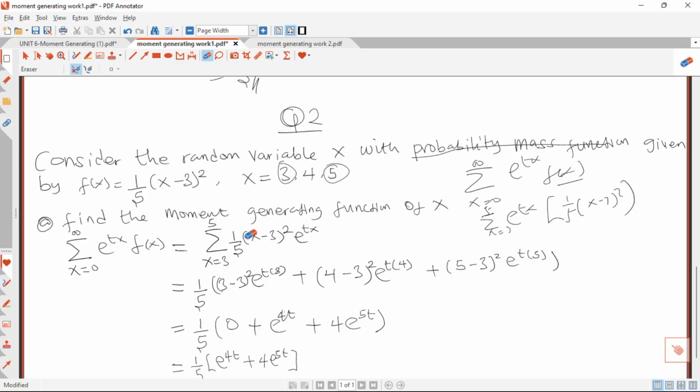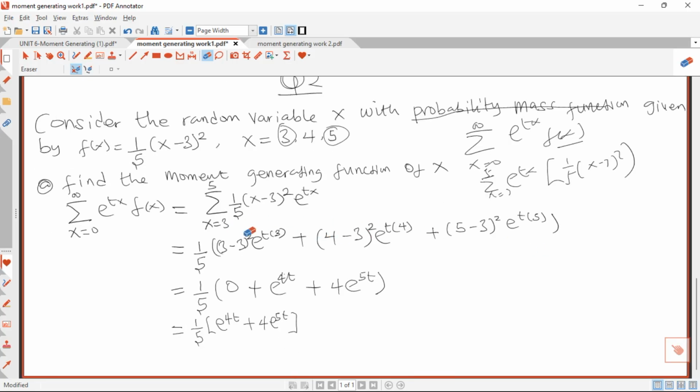So when x is equal to 3, I'm going to get (3 minus 3) raised to the power 2 times e raised to the power t times 3. When x is 4, we get (4 minus 3) all squared times e raised to the power t times 4, plus (5 minus 3) all squared times e raised to the power t times 5, right? And then we are just going to expand. 3 minus 3 is 0, so all of that term goes to 0, and 4 minus 3 will give us 1.